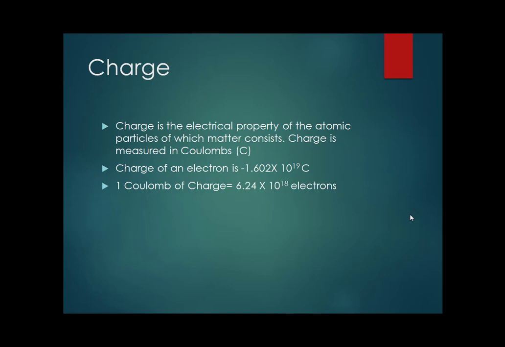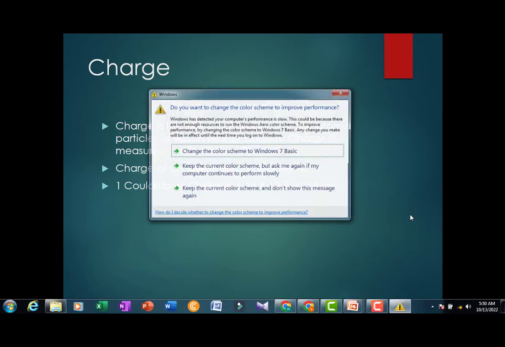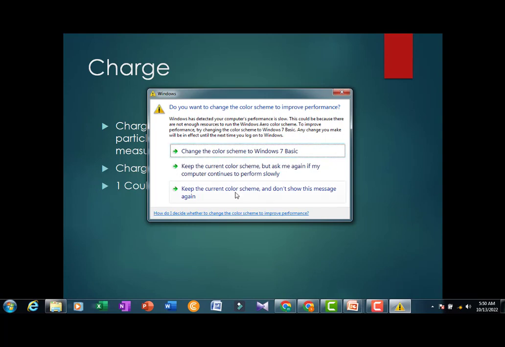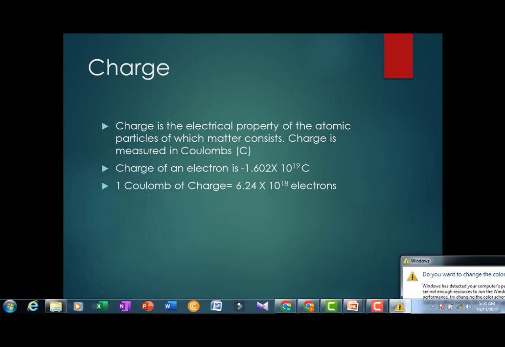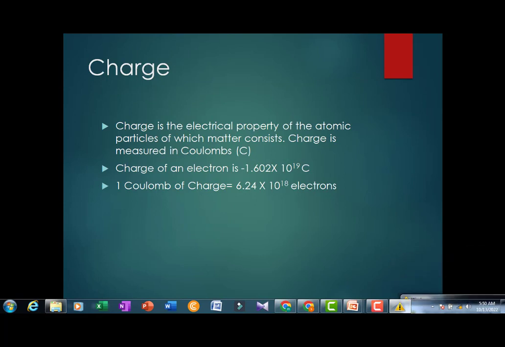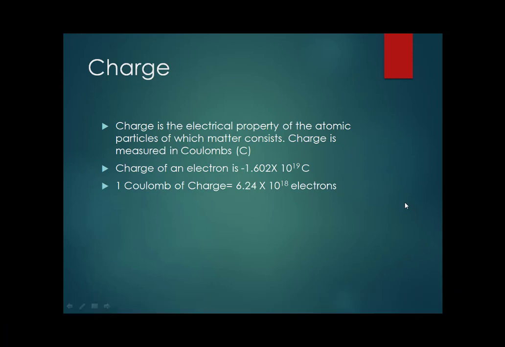The minus sign indicates that the charge on an electron is negative. So 1 coulomb of charge is equal to 6.24 times 10 to the power 18 electrons, which means that when 10 to the power 18 electrons flow, they contain 1 coulomb of charge.